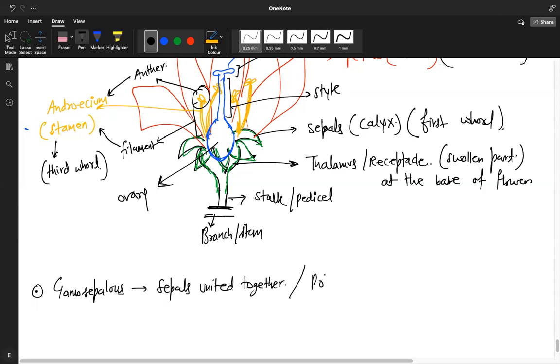The second one is polysepalous. What does the word poly mean? Many. Yes, sepals are many and they are free. They are not united to each other. They are not conjoined with each other. Okay, is that clear?